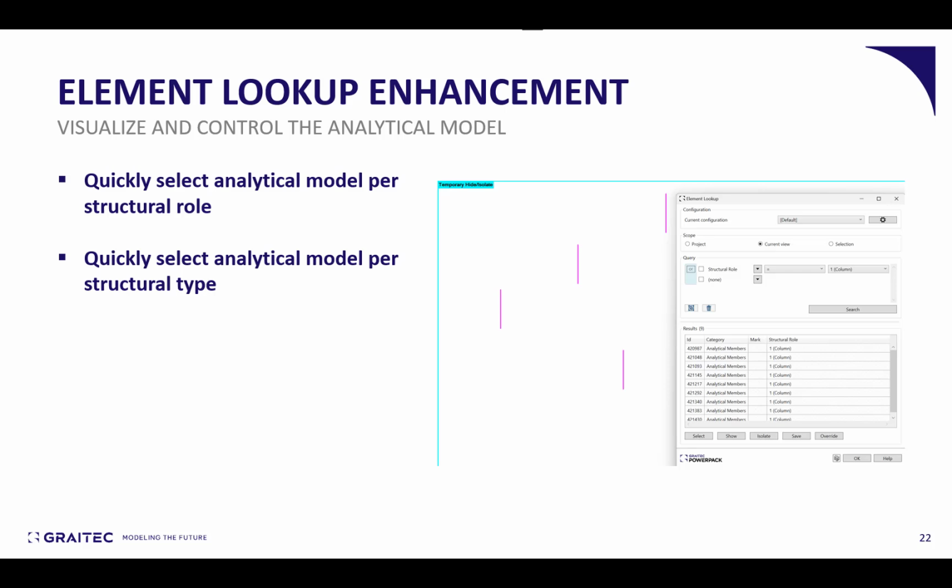Actually, this tool is capable of searching any object within the model based on a user parameter request, and we also developed some capabilities for this tool to search and select analytical members based on structural roles. So in other words, you would be able to quickly select all beams, analytical beams, all beams of a certain type, all columns, and so on, based on really advanced queries.